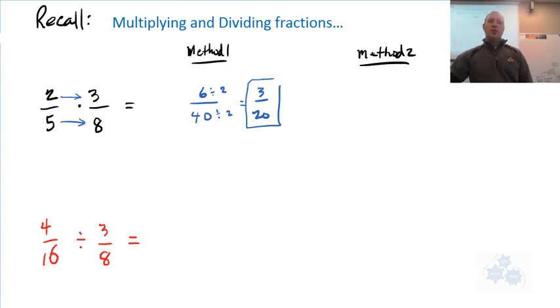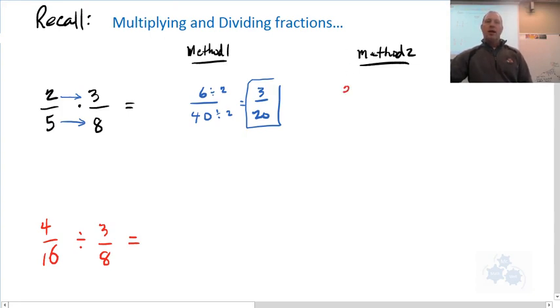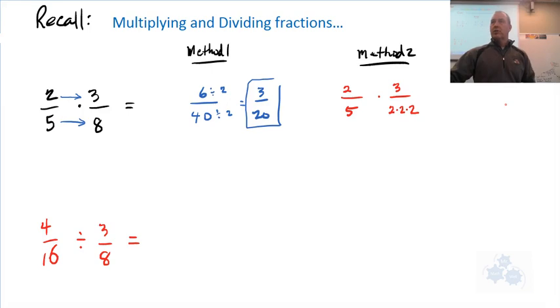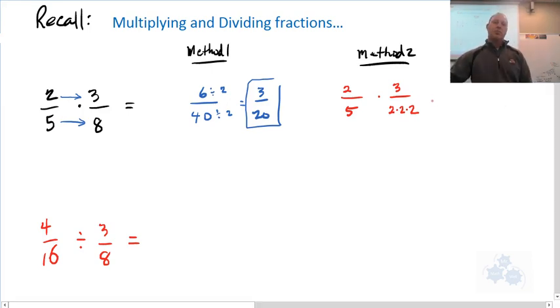All right, so we might do something like this in method 2. First of all, I am going to factor both the numerator and the denominator of each fraction. For 8, you could split it up into its prime factors. Now this is one of the things we're going to be doing with rational expressions: factoring our polynomials.